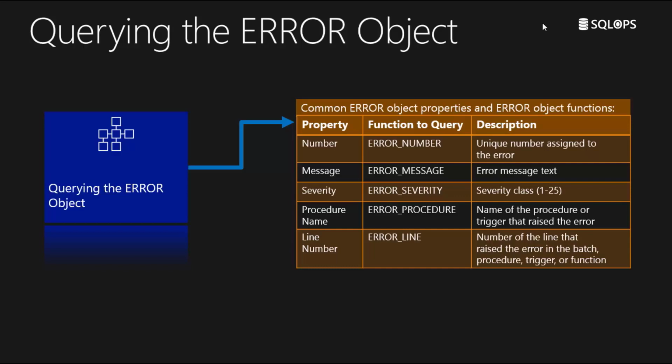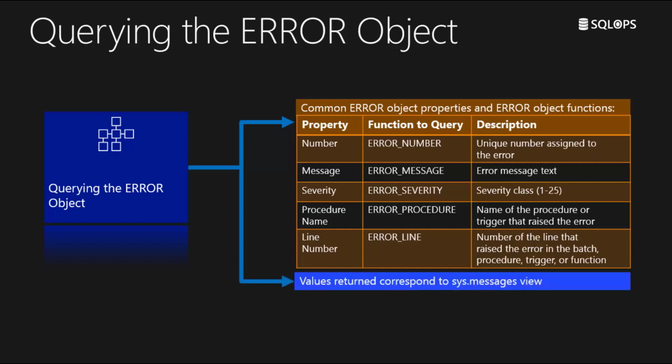And the error procedure function will return a null if the error was encountered outside of a named stored procedure or function. All the values returned correspond to the sysmessages view, which contains information about all the errors, including system and user-defined. Now let's see how to use these messages to retrieve the errors.